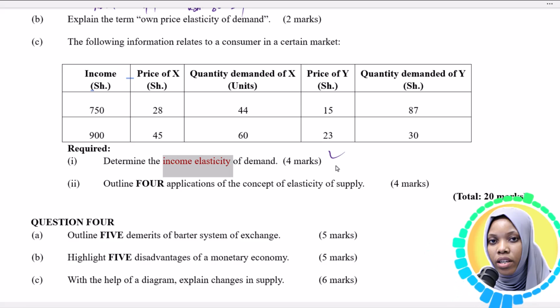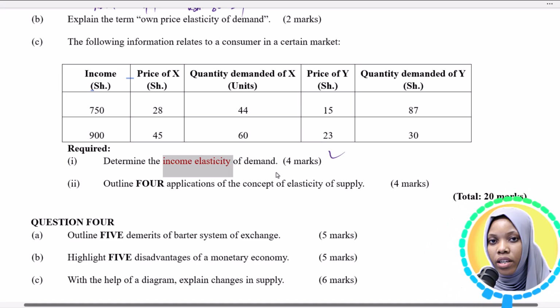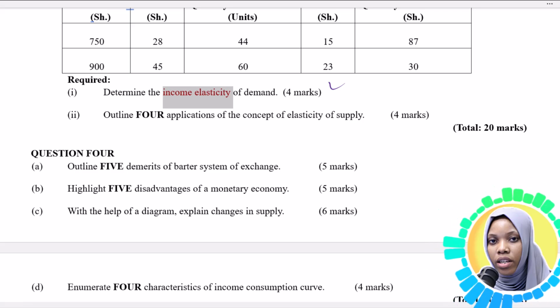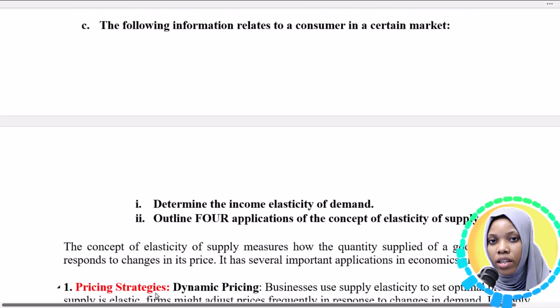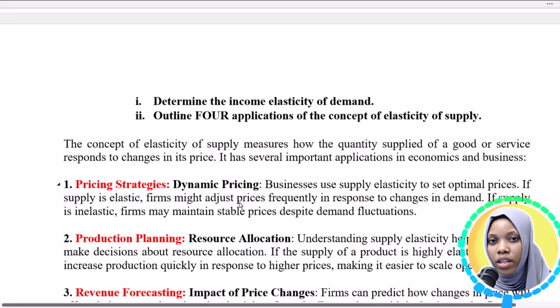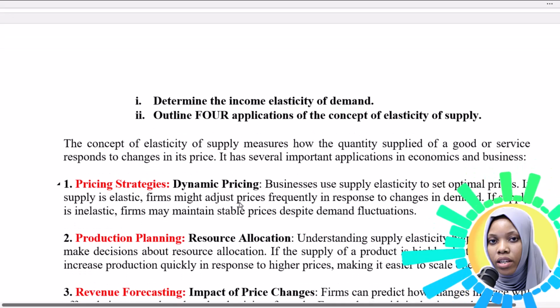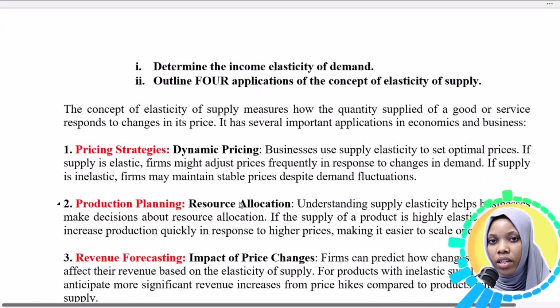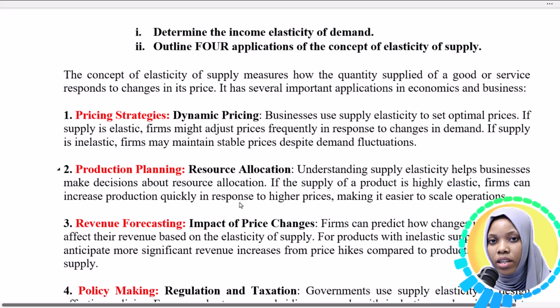We're done with that, and here we are required to outline 4 applications of the concept of elasticity of supply. Let's read the answers through. So what does the concept of elasticity of supply state?